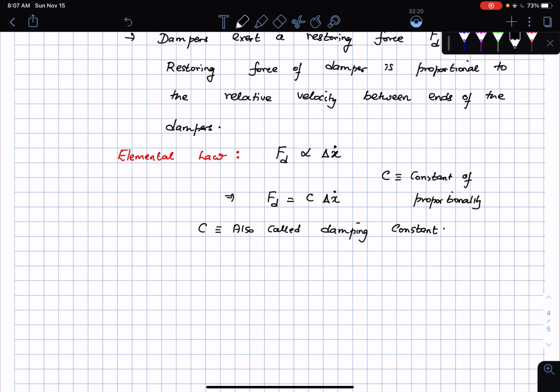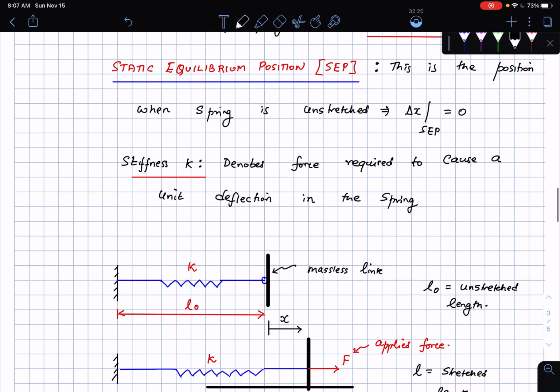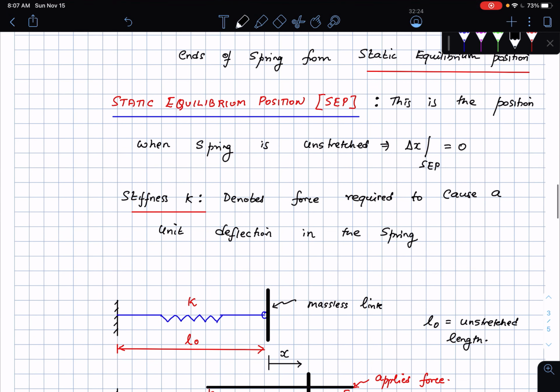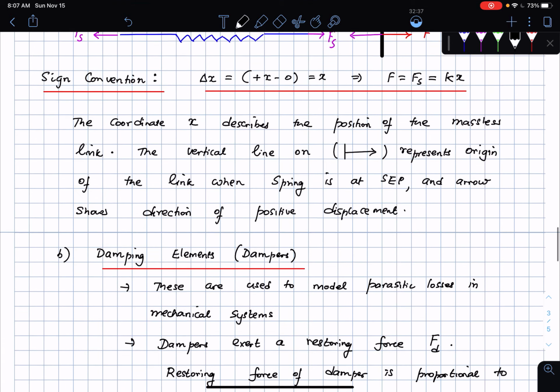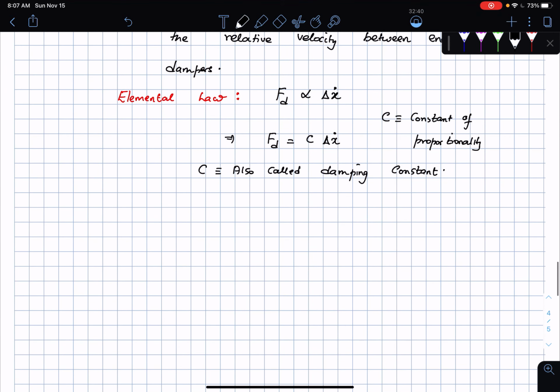And very quickly, before I go ahead, the stiffness of the spring has units of force per meter or force per length. So K has units of force per length, typically newtons per meter or pounds per inch and so on. What are the units for the damping constant? We can very quickly see this.